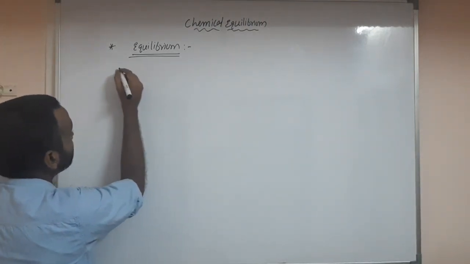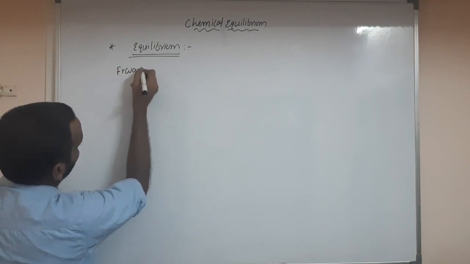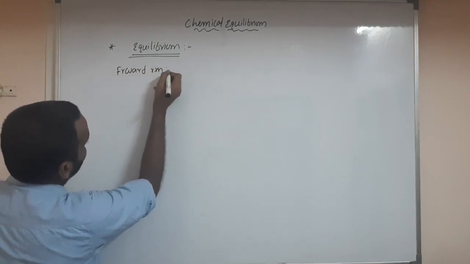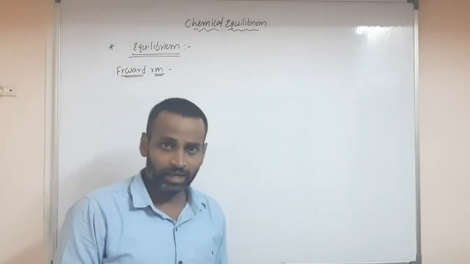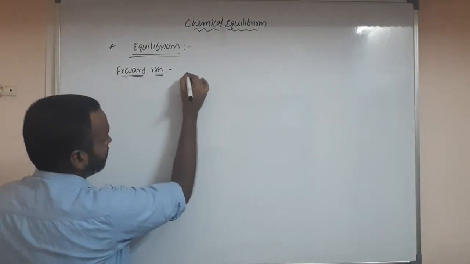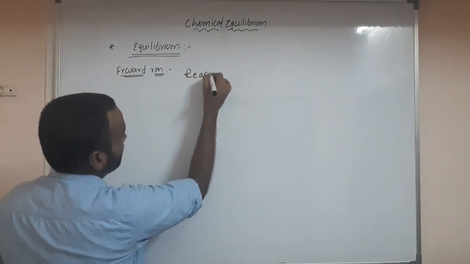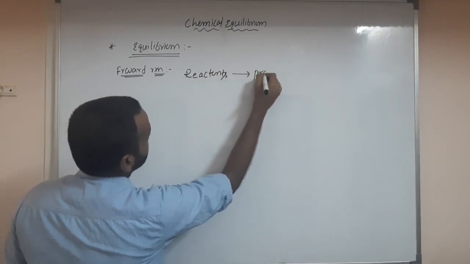To understand equilibrium, we have two reactions: one is a forward reaction and one is a backward reaction. What is a forward reaction and what is a backward reaction? Very, very important. Forward reaction means reactants convert to products.